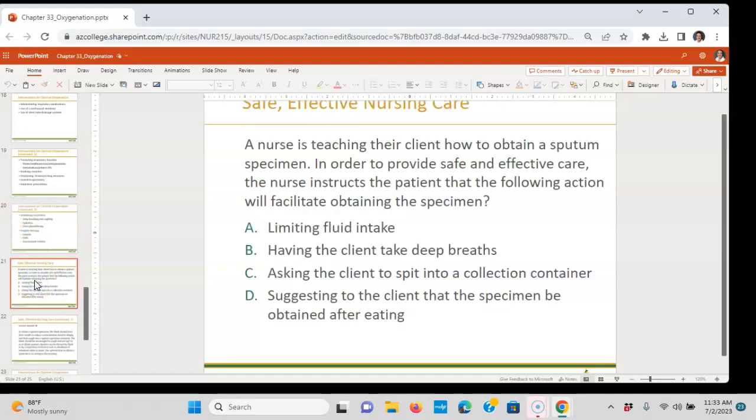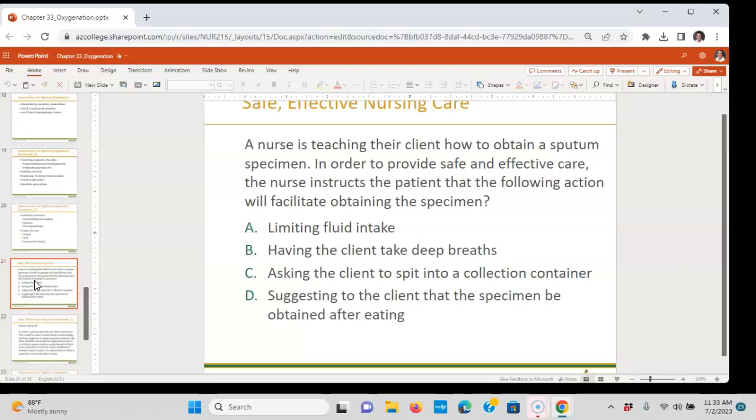So a nurse is teaching their client how to obtain a sputum specimen. In order to provide safe and effective care, the nurse instructs the patient on the following action to facilitate obtaining a specimen. Do you limit fluid intake? Have the client take deep breaths? Ask them to spit into the container?